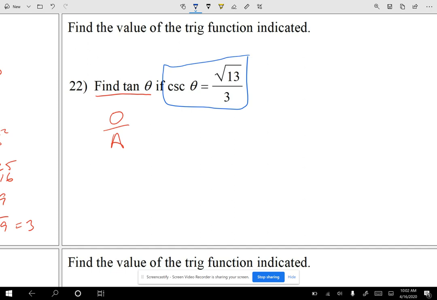Cosecant, from the table that we know, is hypotenuse over opposite. So let me draw my right triangle. One corner I'm going to call theta, and my hypotenuse is radical 13. The opposite is 3. Remember, opposite is the side that is far away from the theta.